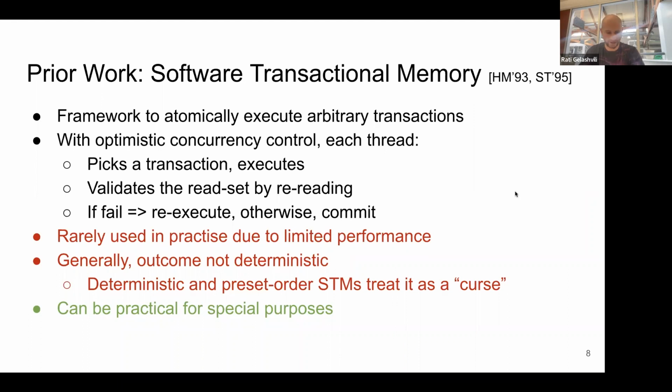It was designed as a framework for concurrency, so people could write code and the underlying framework would run it concurrently, right? With optimistic concurrency control, it's a way of building such systems.